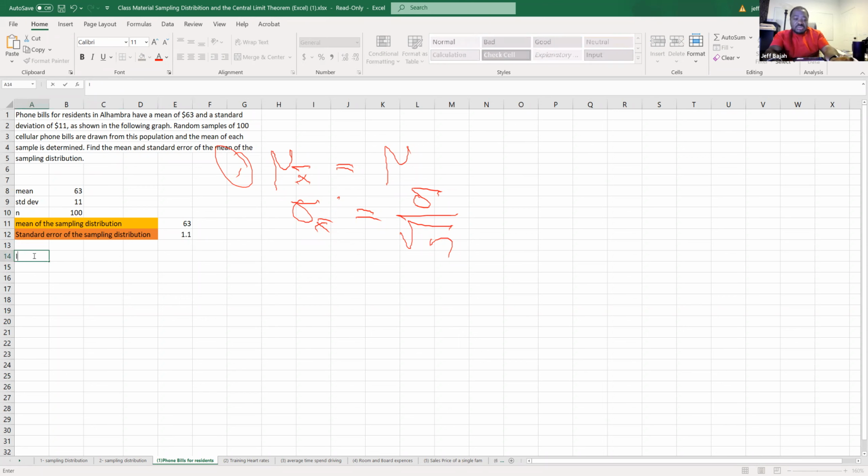So remember, we always have to interpret. So for CLT, with a sample size more than 30, the mean of the sampling distribution is 63, and the standard error is 1.10.